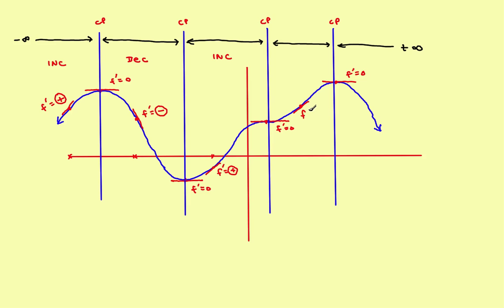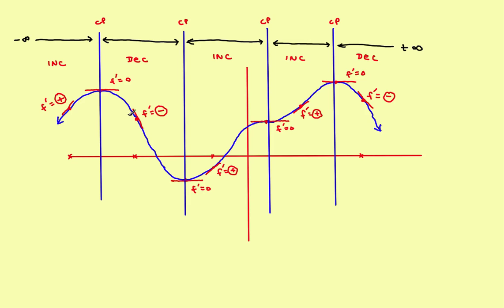The slope of that tangent line is positive, which tells me that the function has to be increasing in this interval. And then finally, I'll pick a convenient test point over here, find the slope of the tangent line at that test point. That's negative, which means that f prime is negative. If the first derivative is negative, that means that this function is decreasing. So that's going to be the strategy that we use.